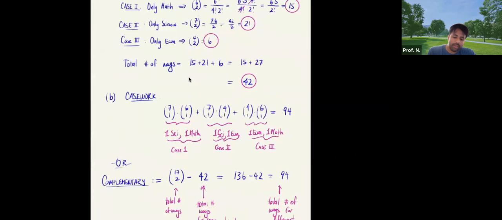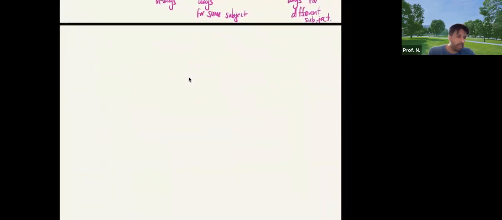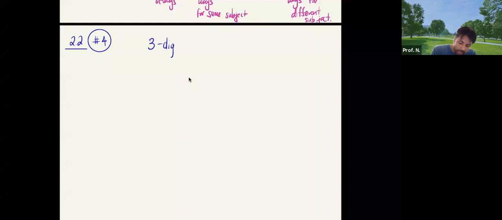So I want a 3-digit number. I'm going to use this idea of having the slots. And the first digit, well, first of all, this is the first digit.